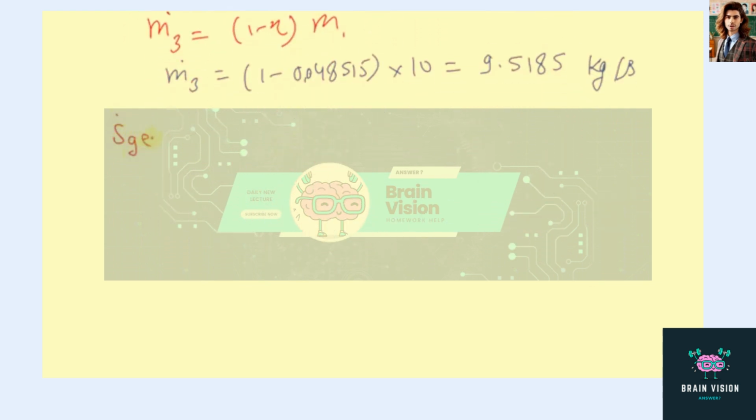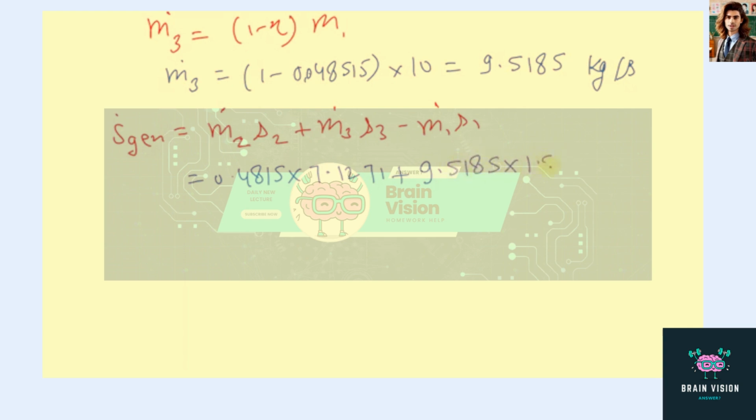And now let's apply the formula to calculate rate of entropy generation. So we can write S dot generation is equals to m2 dot into S2 plus m3 dot into S3 minus m1 dot into S1. Now substitute all the values, so we will have 0.4815 into 7.1271 plus 9.5185 multiplied by 1.53 minus 10 into 1.7902.